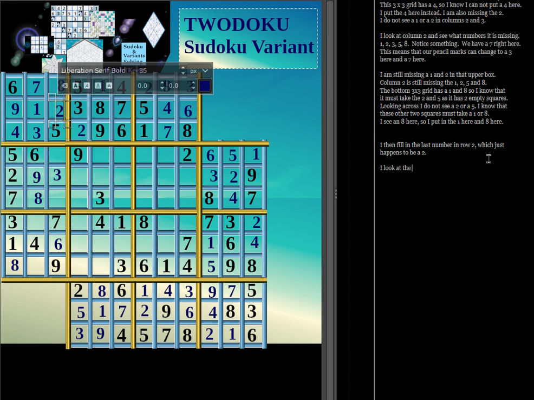I look at the next 3 by 3 grid in rows 4 through 6. I am missing a 1 and 4.